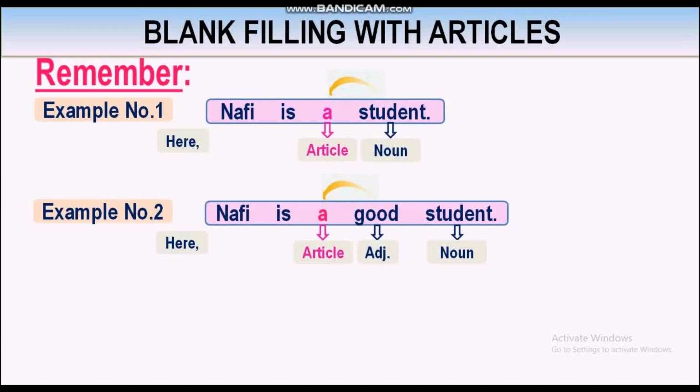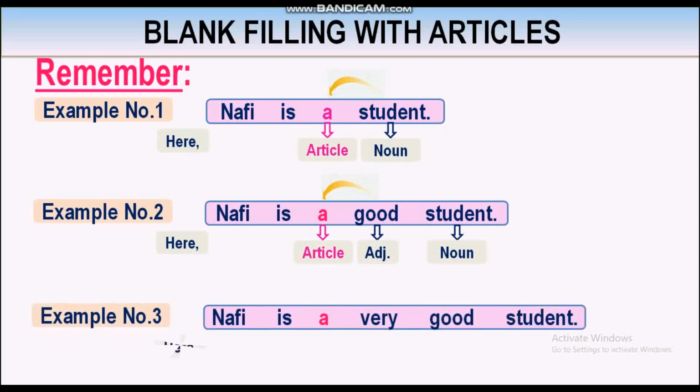Again, if there remains any adverb before that adjective, then article will be used before that adverb. That means article is never used directly before any adjective or adverb. Article can be used before adjective or adverb if any noun remains after that adjective or adverb.